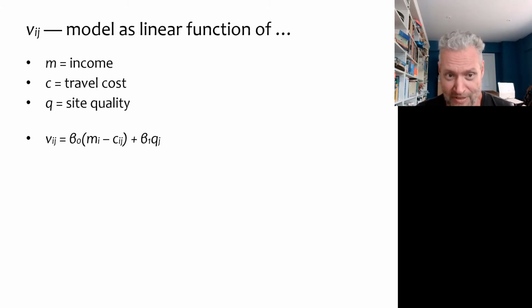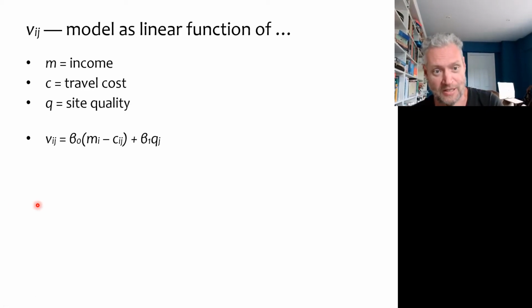So that is something that we need to assume, and then we make the V, the deterministic part, a linear or linearizable function of things that we think matter, such as income, travel costs, site quality, and so on and so forth.